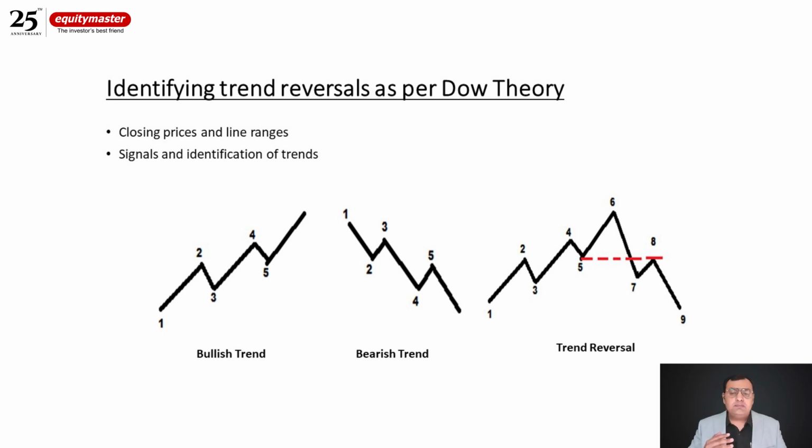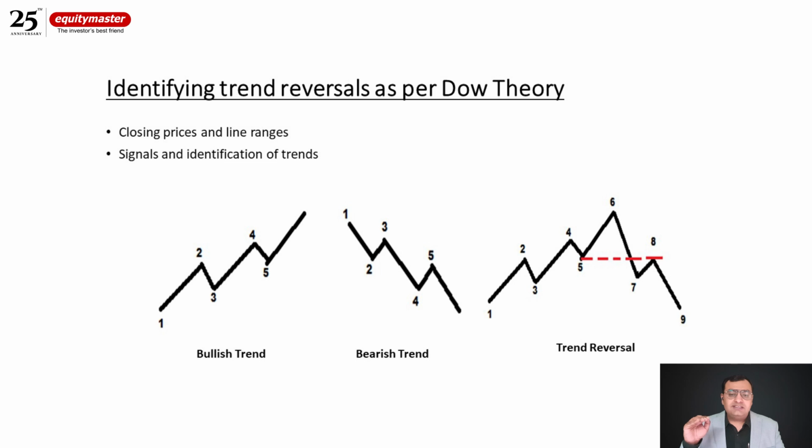Vice versa, when the prices are forming a lower high, lower low, it is a sign of a bearish trend. The most important is the third one, when the trend changes from bullish to bearish or bearish to bullish. If you look at the structure over here, 1, 2, 3, 4, 5, 6, it is a sign of bullish momentum where the prices are forming a higher high, higher low structure.